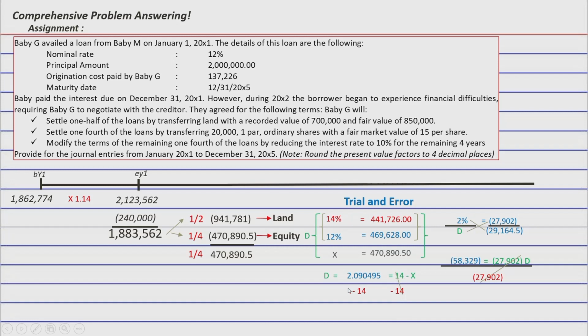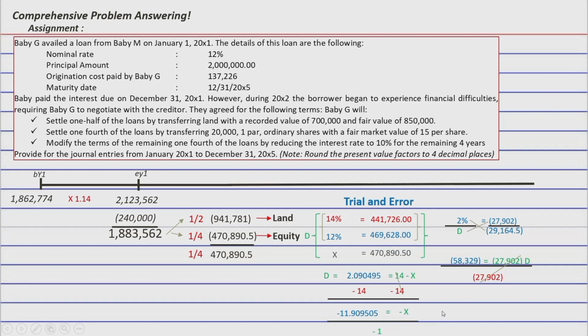And this here, 2.090495 minus 14 will become negative 11.909505. So, negative x is equals negative 11.909505. So, to make these two positive, we need to divide them both by negative 1.